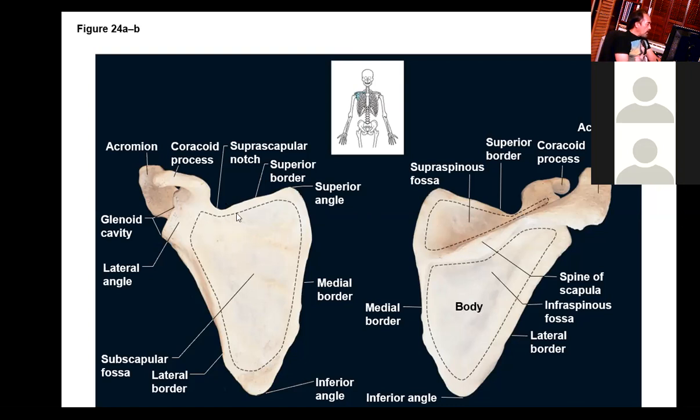You know it's on the anterior side because there's no spine disturbing this fossa called the subscapular fossa. And what you have in the anterior part of the scapula is going to be called the coracoid process. But if you take a look at the posterior one, the end of the spine is called the acromion process.